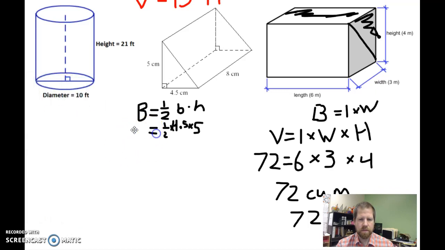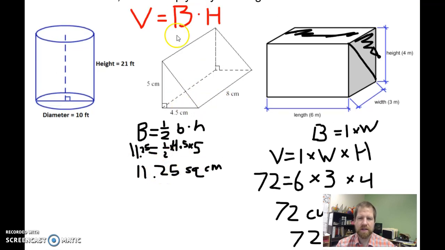So 11.25 is my base area, right? So that's going to be 11.25 square, in this case centimeters. Okay, and it's square because it's an area.